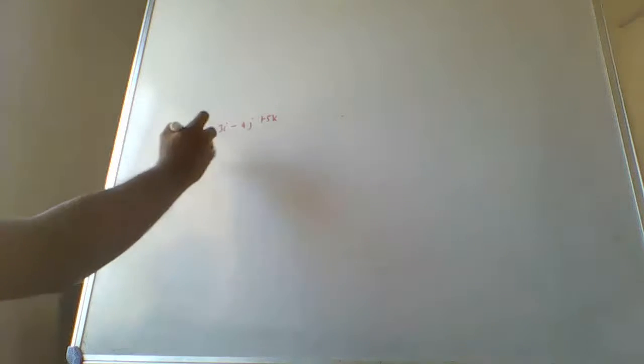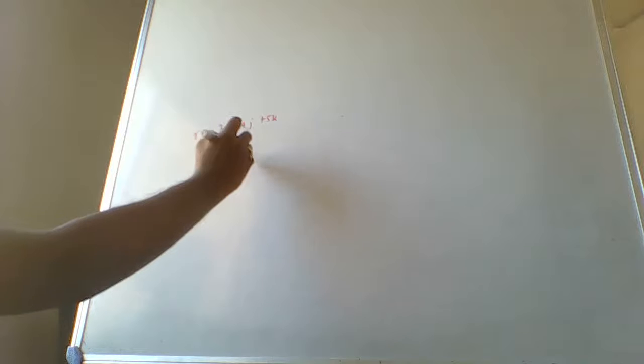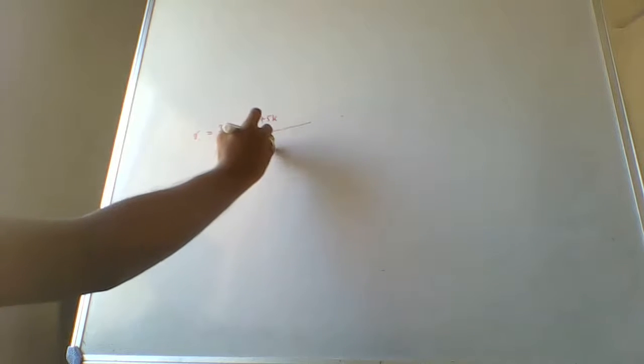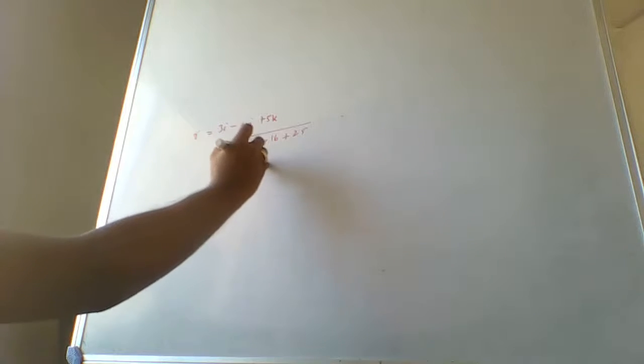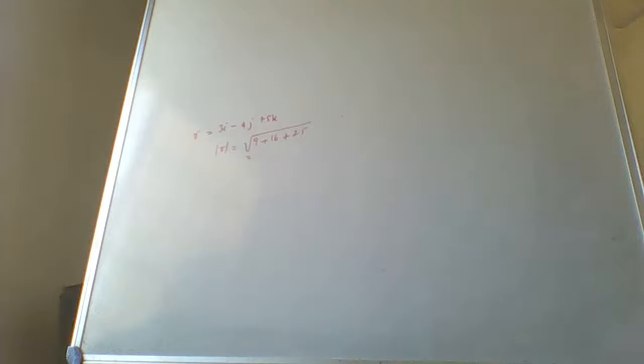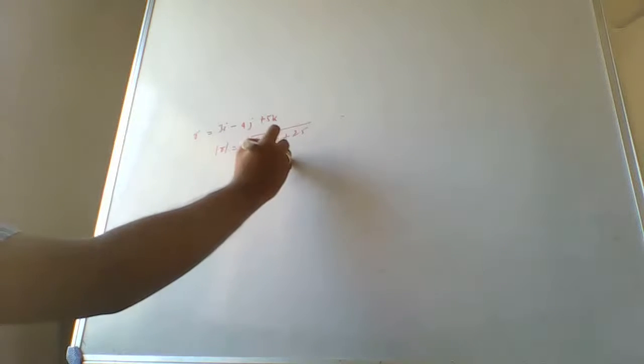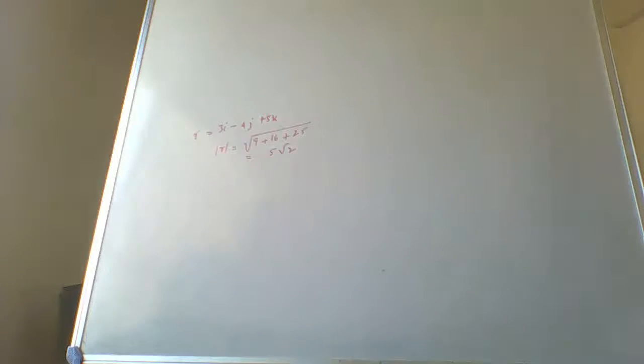Let us find the direction cosines of the vector. Let us represent this as r. So mod r would be the square root of 9 plus 16 plus 25. When you simplify it, I get 5 root 2.